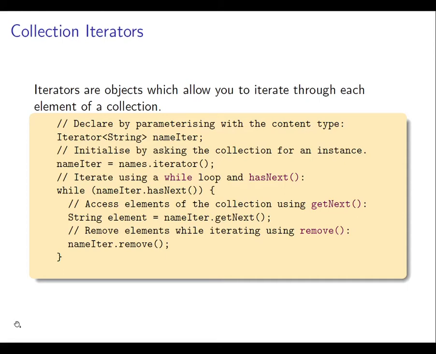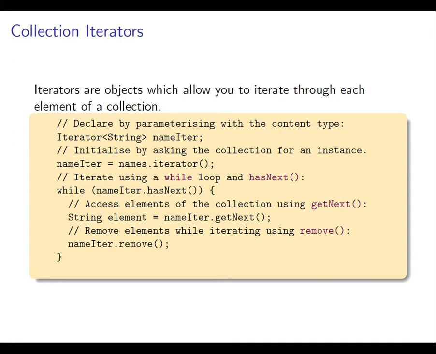Right, so if there really was a demo, it probably showed you some code a bit like this. Iterators are objects which allow you to iterate through each element of a collection, and that gives you very flexible ways of handling collections.